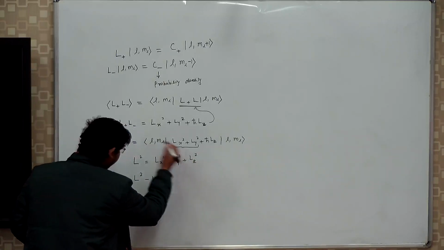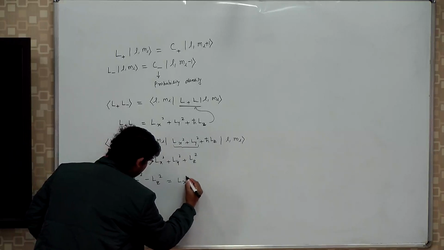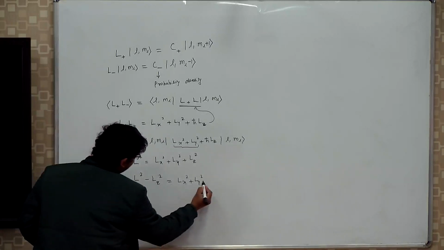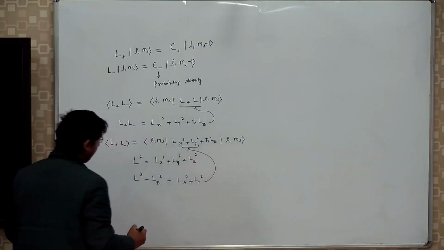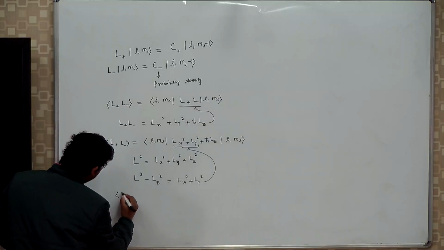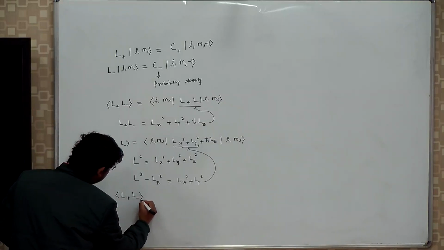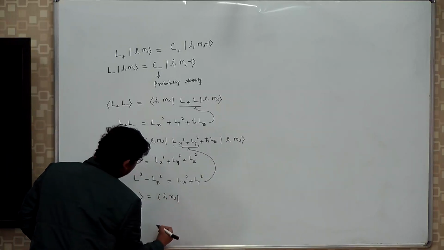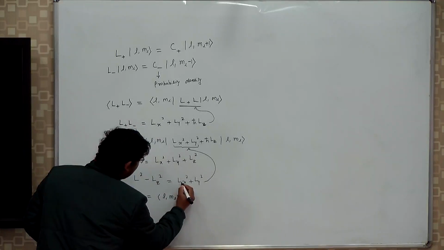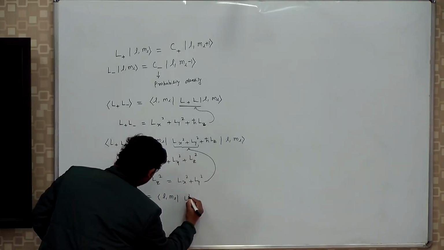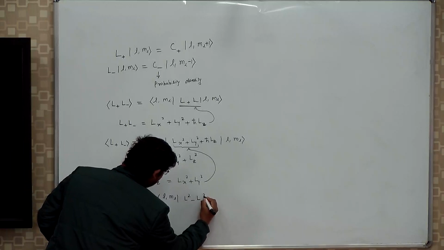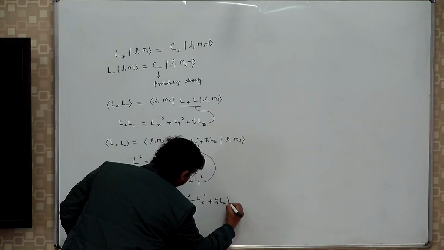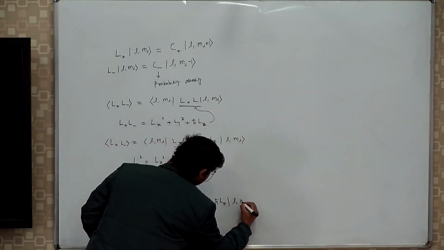Now again, feeding this value, we can write L plus L minus in the state |L, ML> as L square minus Lz square plus H cross Lz, in the state |L, ML>.